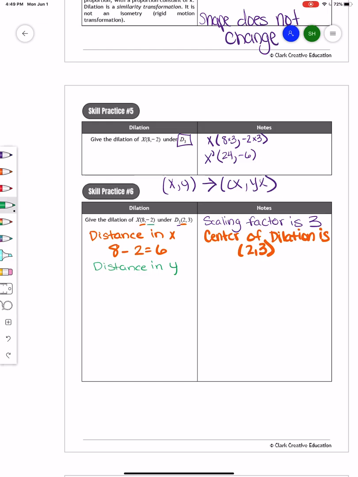The distance in y is -2 minus 3, which equals -5. That's the distance in your pre-image. So the distance in x is 3 times 6.